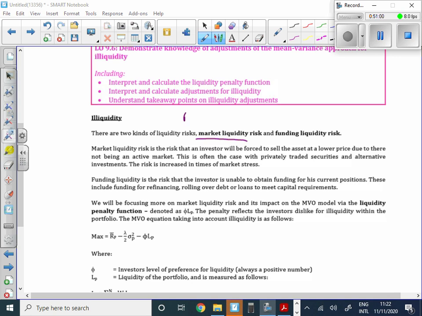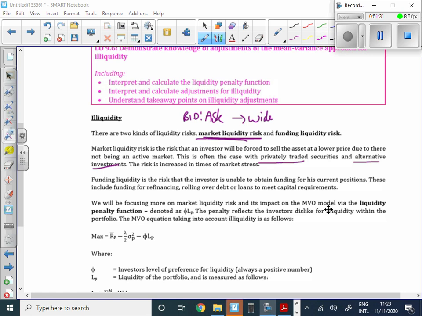Generally, when you've got your bid-ask or your bid-offer spread, and that particular range is very wide. In other words, there's a huge gap between the buyers and the sellers. That would indicate that there's a lot of market liquidity risk present. Of course, that risk would increase during times of market stress, and much more so with privately traded securities and alternative investments.